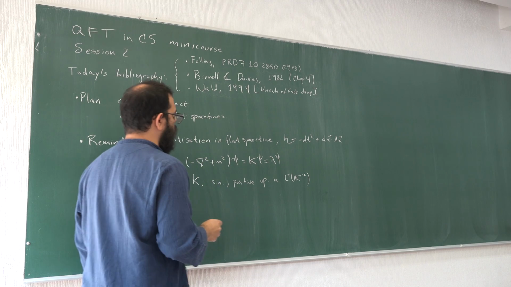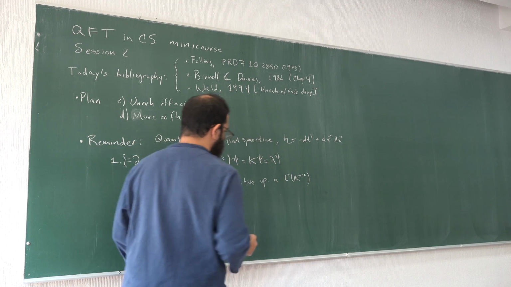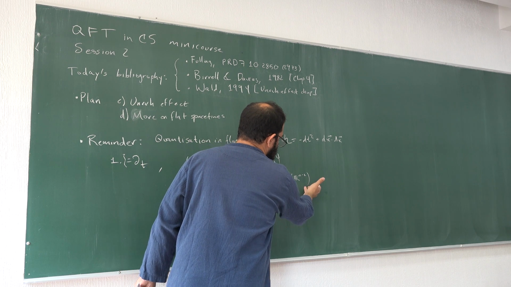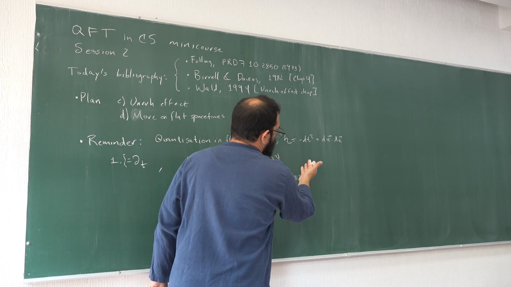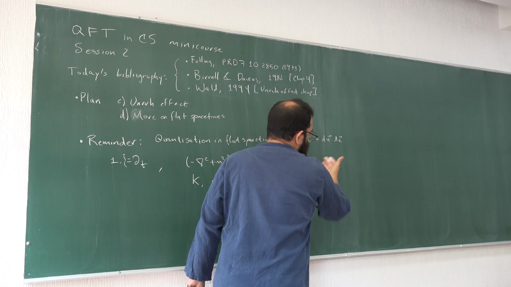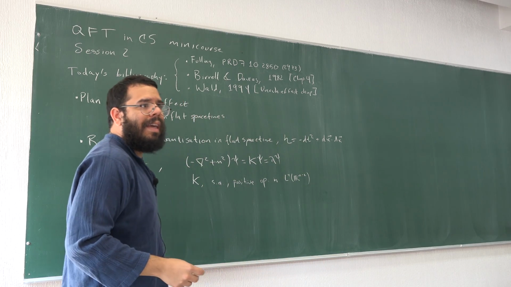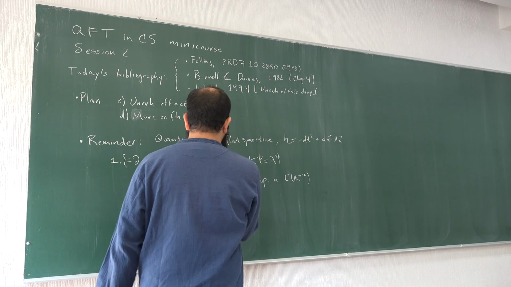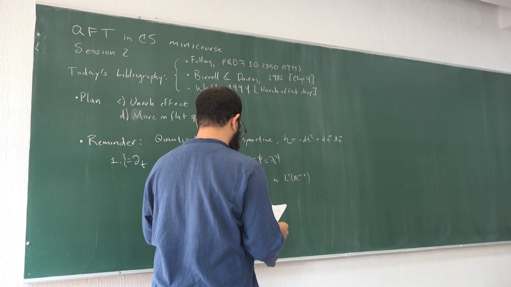We can also view it as an operator in Fourier space by integrating, instead of with respect to the space-time measure, with respect to the momenta k. And we realize K as a self-adjoint positive operator there.